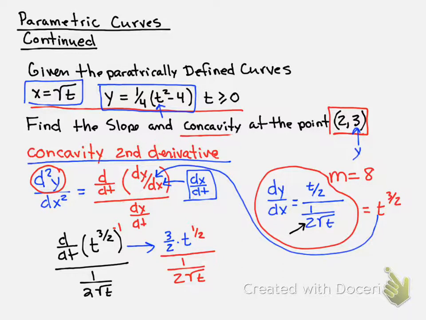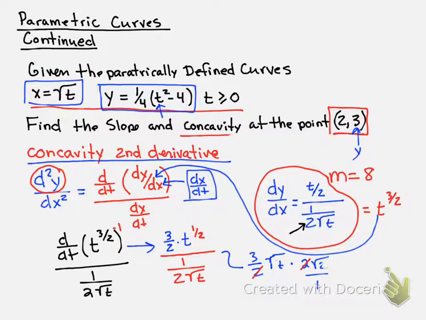Well, we'll simplify this a little further. 3 over 2 square root of t times the reciprocal, 2 square root of t over 1. We can see that the 2's will cancel out.